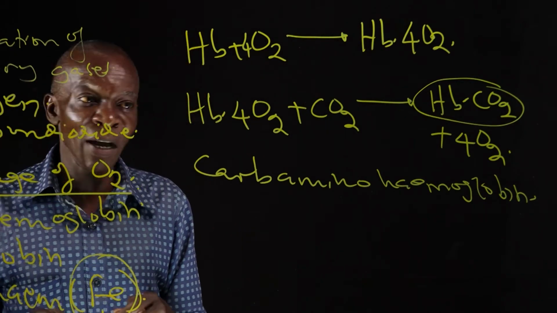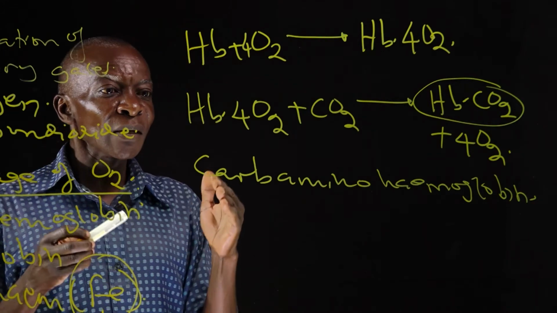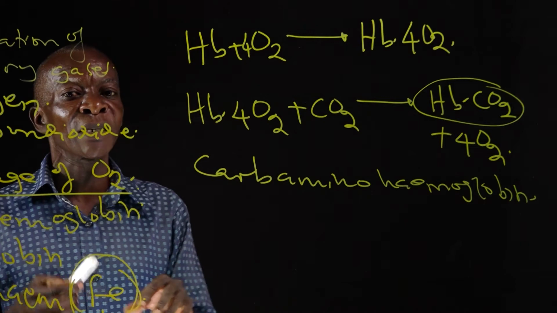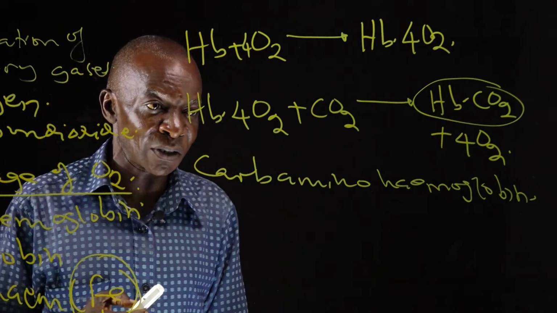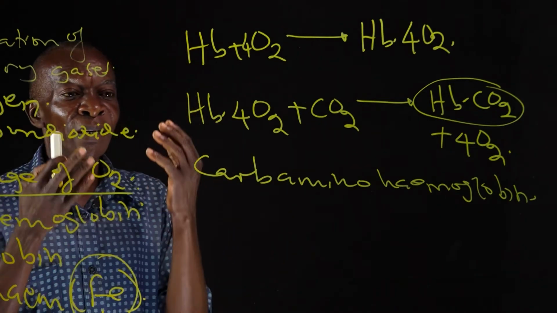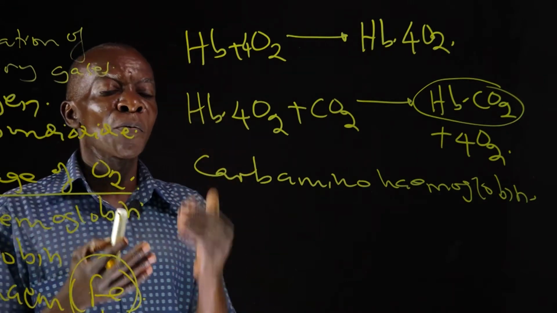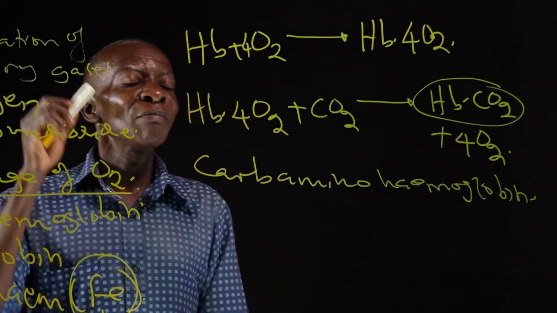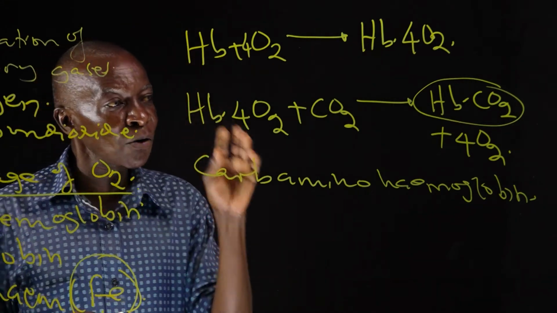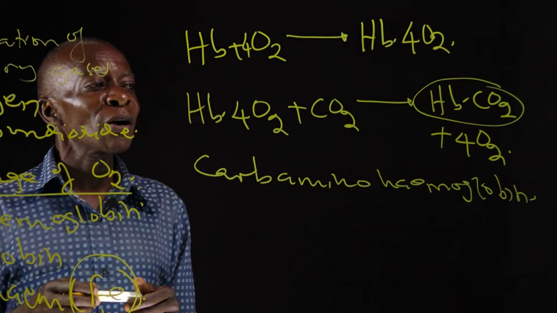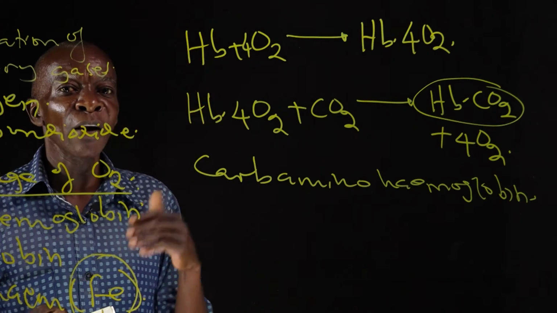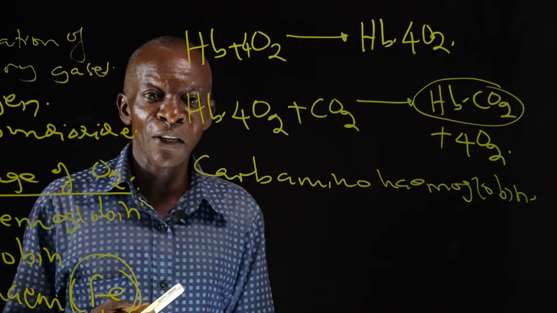And in areas where the partial pressure of carbon dioxide is high, and therefore the partial pressure of oxygen is low, for example in the muscles, the affinity of hemoglobin to oxygen becomes low, and therefore its affinity to carbon dioxide becomes high. Therefore this hemoglobin will combine with the carbon dioxide to form carb-amino hemoglobin, and the oxygen will be released.